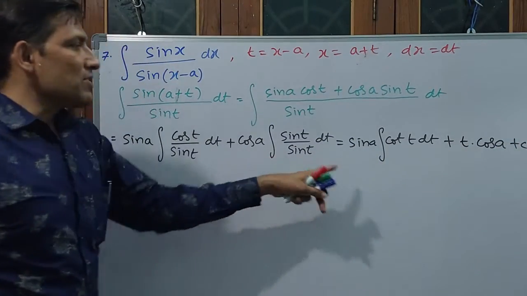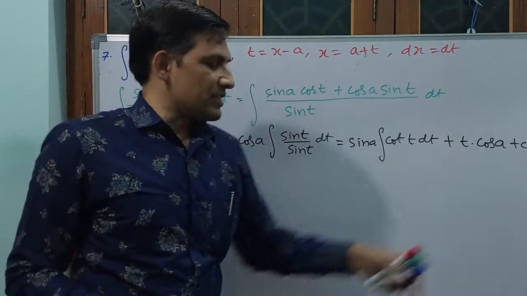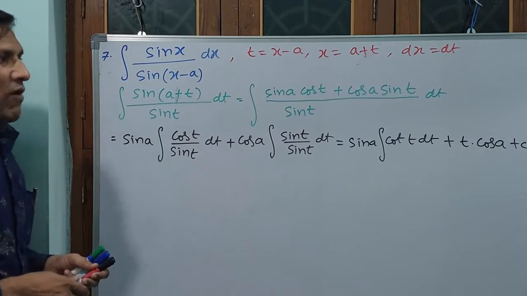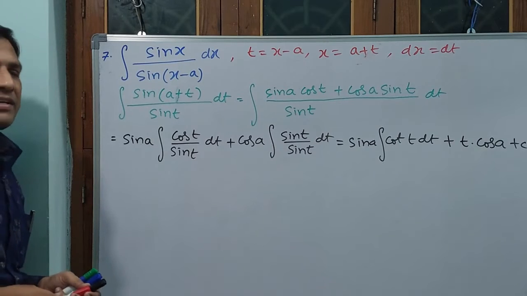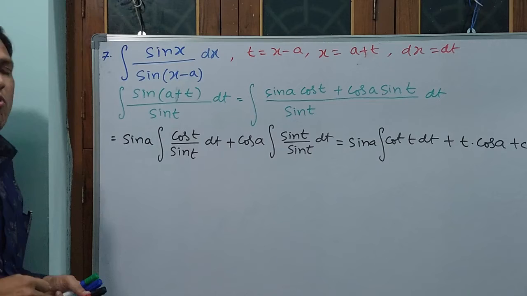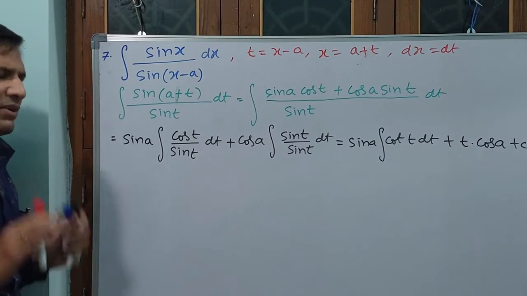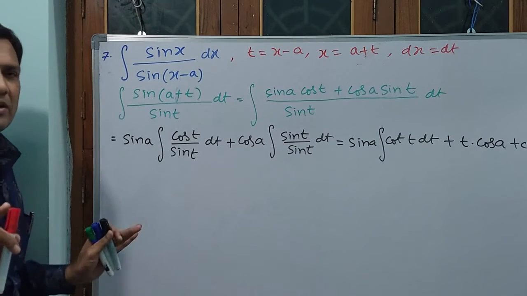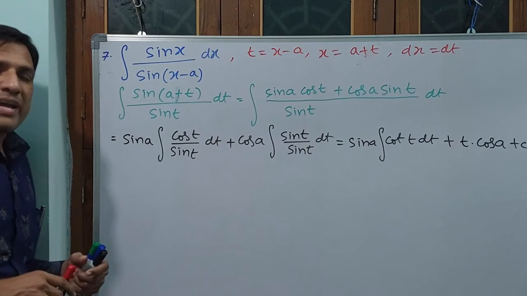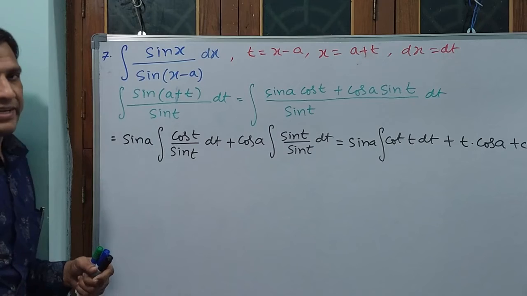See, the second integral is over. T cos a is the answer. And the first one you have to write. What is integral cot t? Log of modulus sin t. Integral cot x is equal to log of sin x. Integral tan x is equal to minus log cos x, or log sec x.